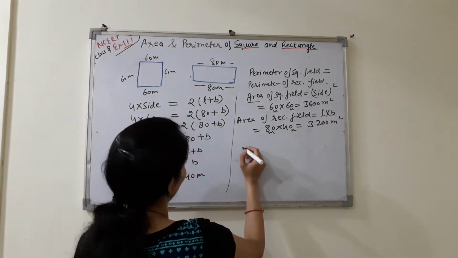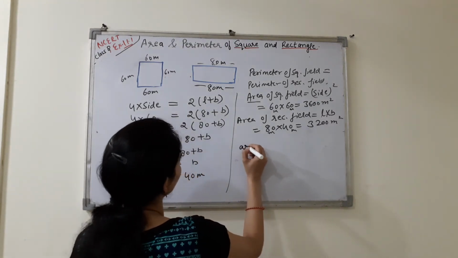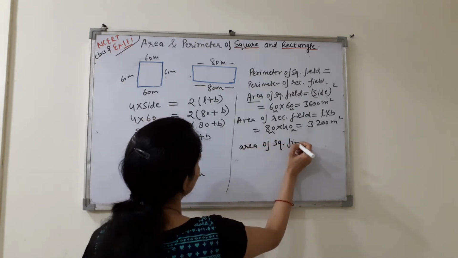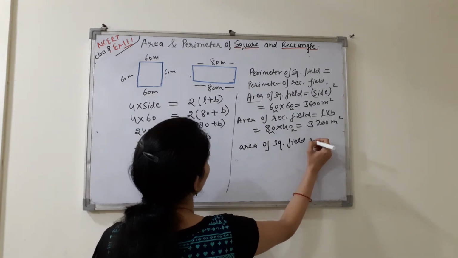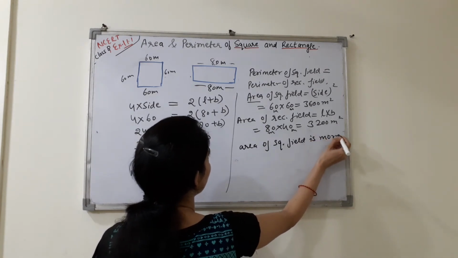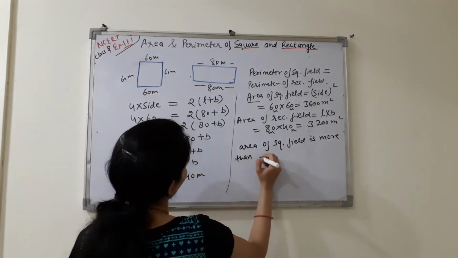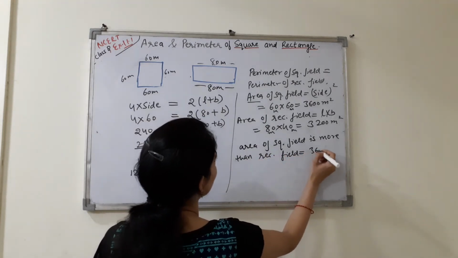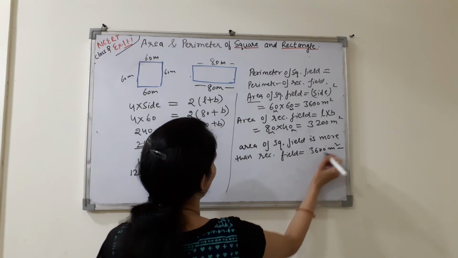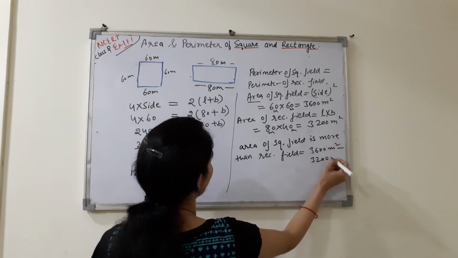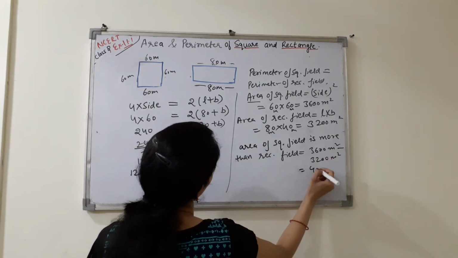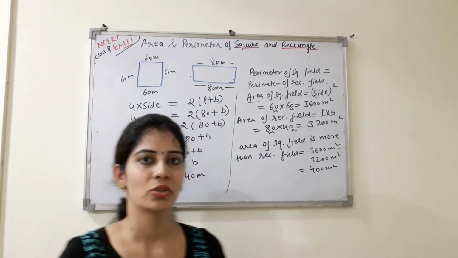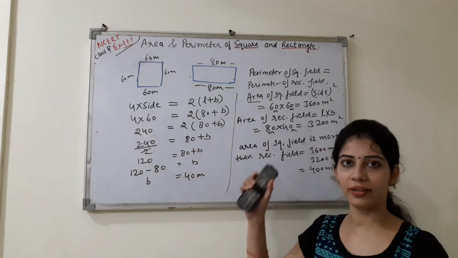So we can write that the area of the square field is more than the rectangular field by 3600 meter square minus 3200 meter square, so that is your 400 meter square, right? So this you have done.